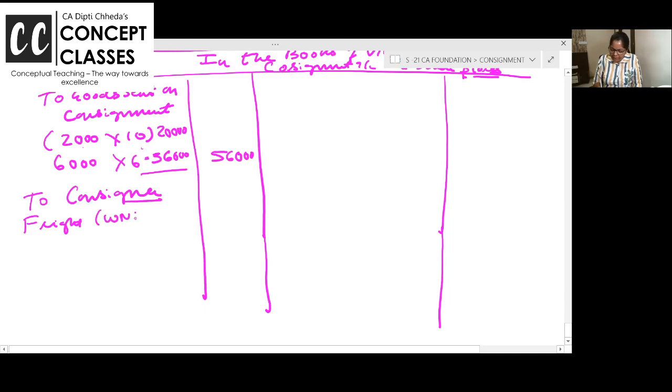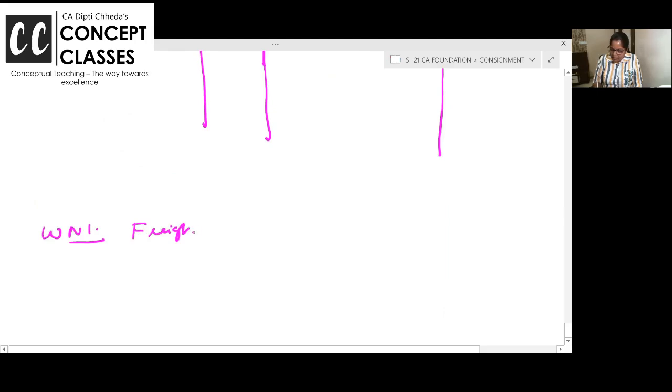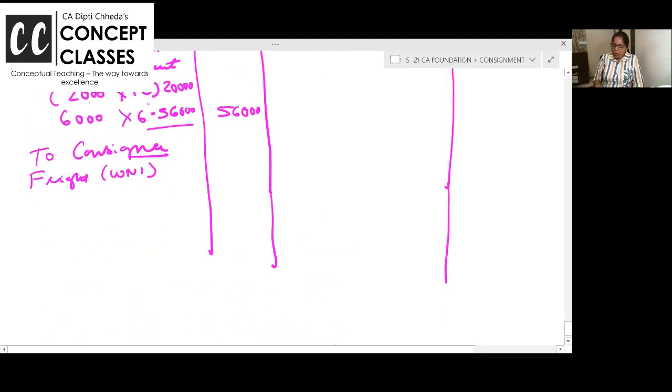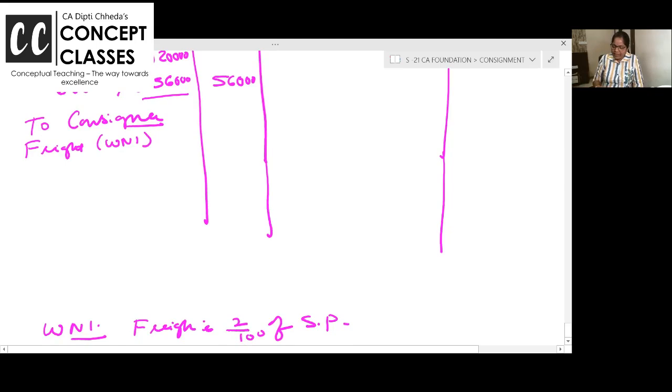और उसके लिए हम बनाएंगे working note 1. Leave 8-10 lines. Working note 1. Freight is 2% of selling price. All the goods, whether they are sold or not, but whatever goods I have sold, on that whatever is the selling price, तो उस हिसाब से freight लगेगा.